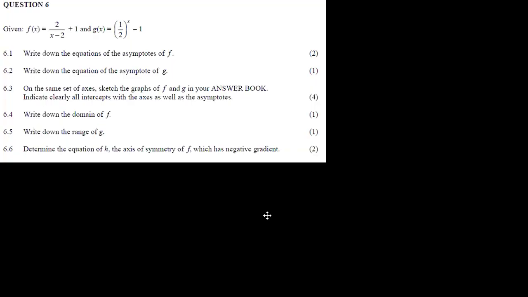So I want us to start with this question, right? Having a look at this question, we have two functions. I said there are four types of functions, but having a look at what we see here on the board, we have two functions. The first function, f, is the hyperbolic function. And the function g is the exponential function.